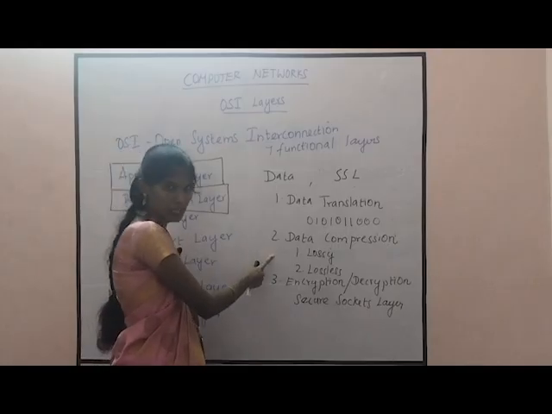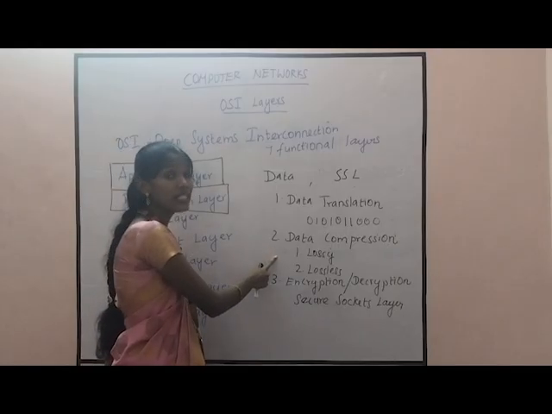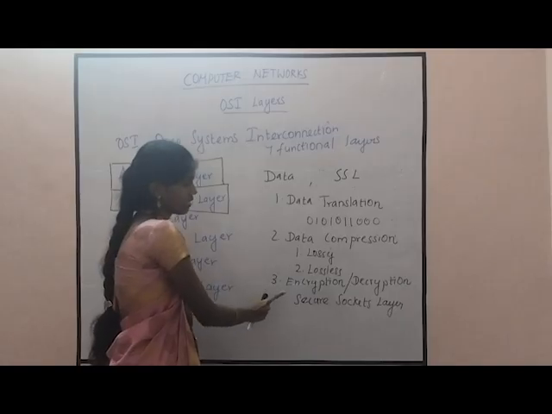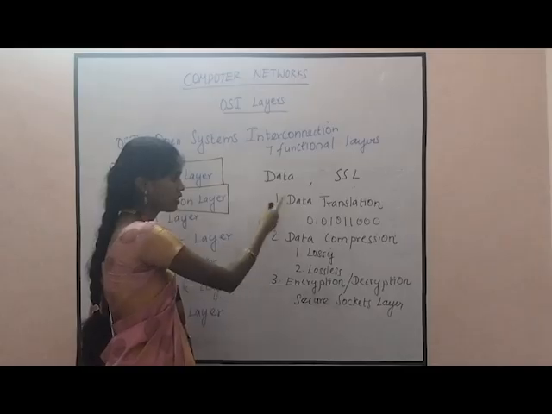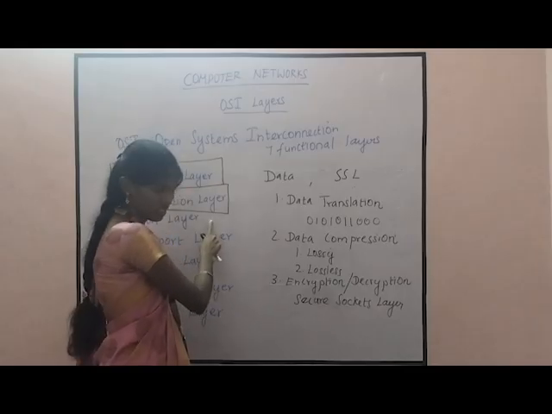We call this layer the gateway because it is responsible for all the formats. The next one, data compression, helps in sending the data efficiently. Next, encryption for hiding the data. These are the three functionalities of the presentation layer.